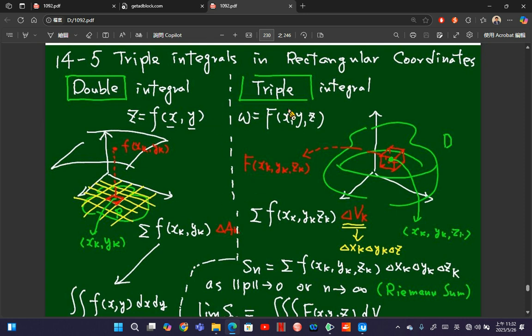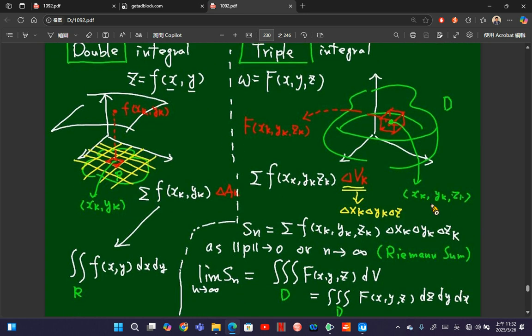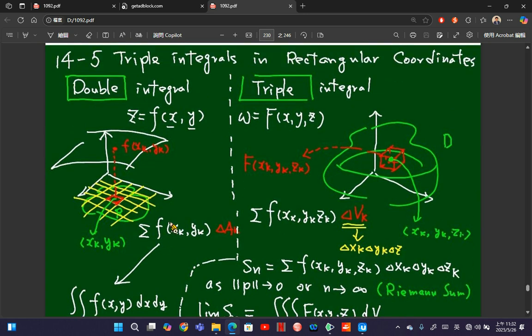So compared to the triple integral, we will not just have two variables, x and y, but also z. So in this case, our region, originally a plane region, will become a space region.